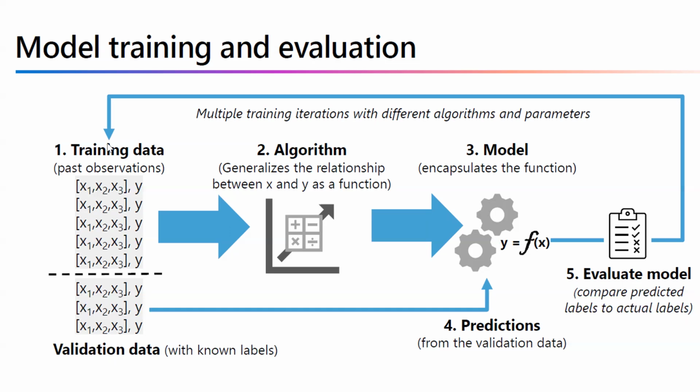We have the data and we make two parts of it: one is the training data, the other is the validation data. We train with the training data, create our model, and then test it on data which the model has not seen earlier, see whether the predictions are right or not, and then we evaluate our model.